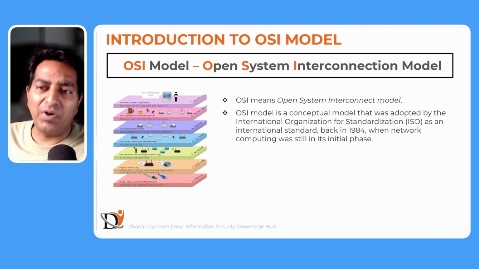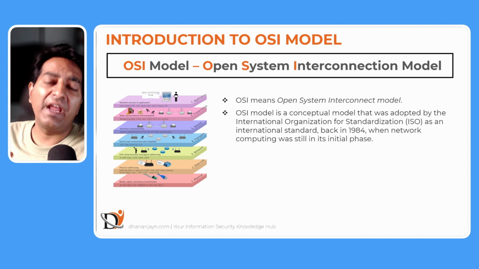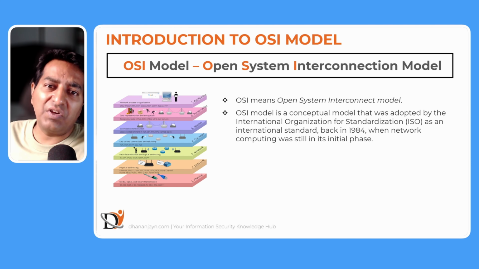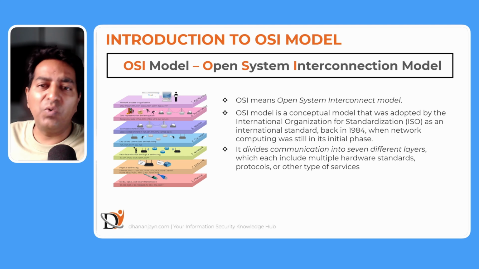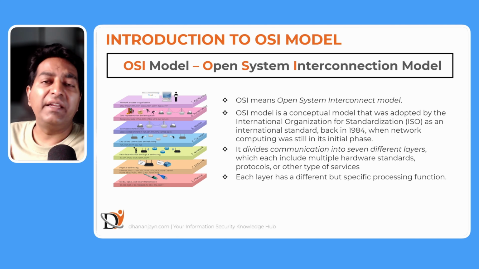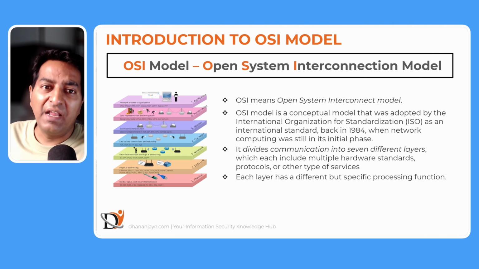The OSI model works by dividing communication into 7 layers, each packed with various hardware standards, protocols, and services. Each of these layers has its own specific role in handling data that's being transmitted. This layering system makes it easier to manage and understand the complex process of the data in a network environment.